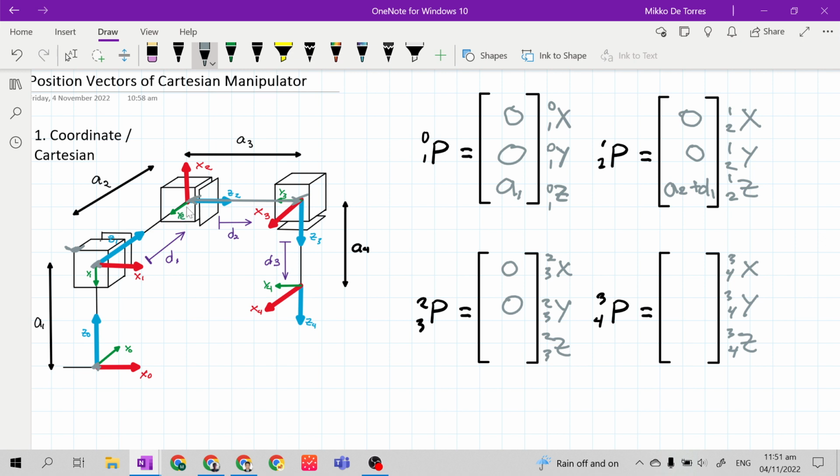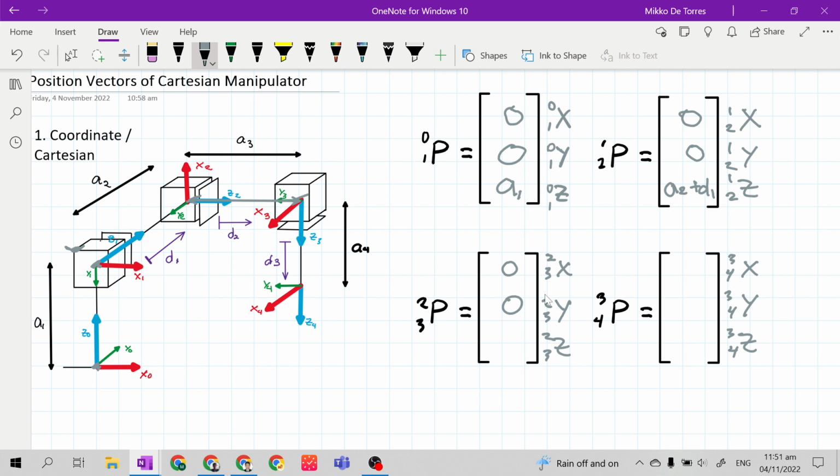Y sub 2 is along the axis of z sub 1, between the origin of frame 1 and frame 2, but it is not along the distance of the origin of frame 2 to frame 3. So this is also 0.